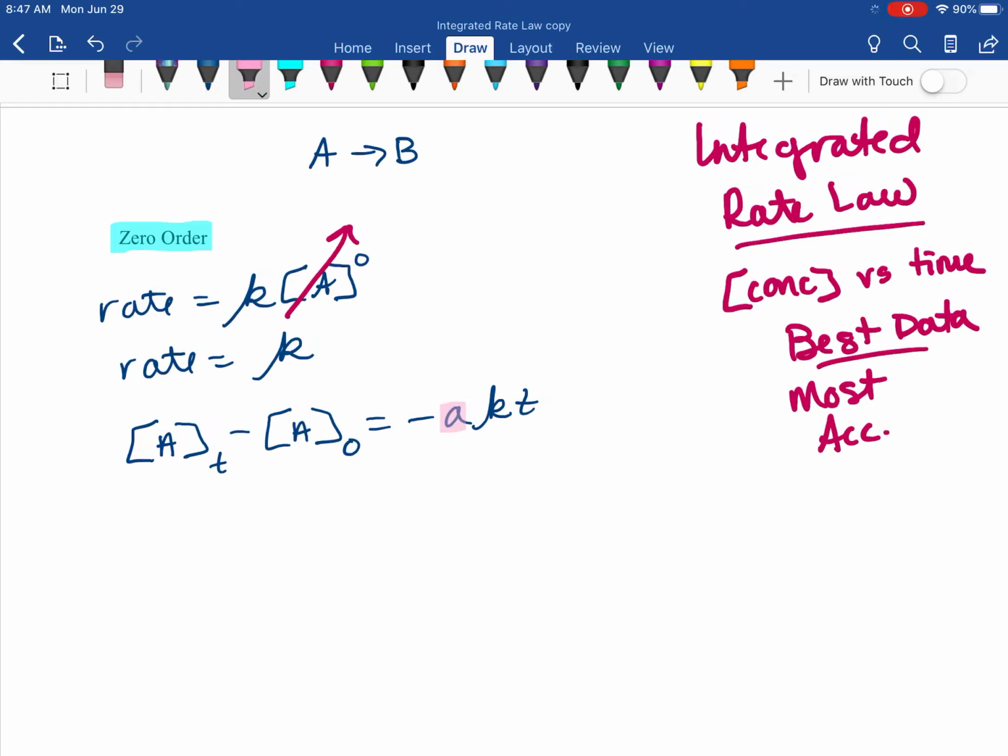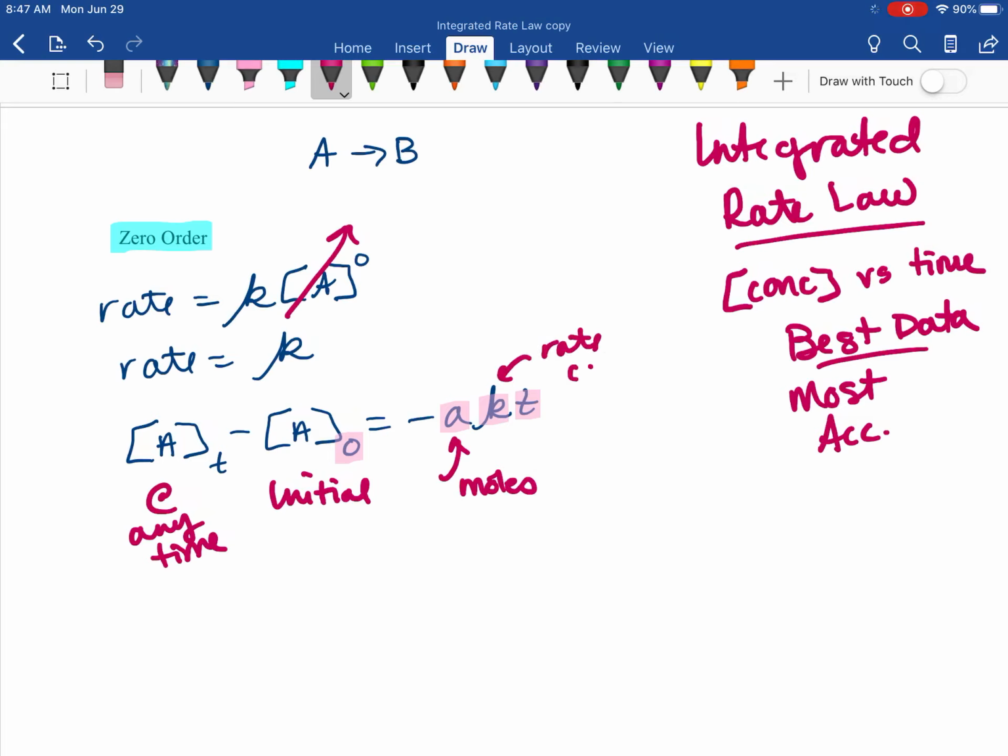So remember, this is moles, this is your rate constant, and this is time. This is initial, and this is at any time. This is moles. This is your rate constant. And this is your time, the time that you're solving for.